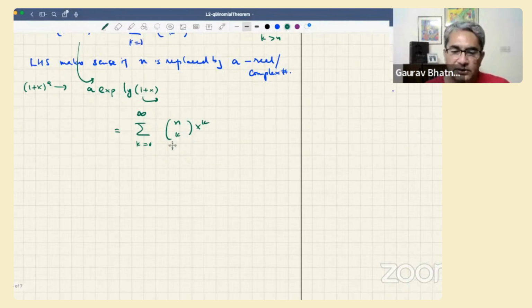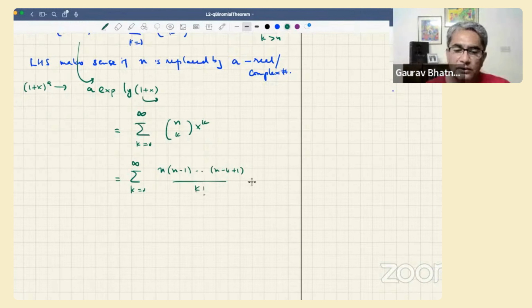You still want an n here, so we can write it as n times n minus 1 up to n minus k plus 1 over k factorial. And now you can replace n by a. So this gets transformed into the sum over k going from 0 to infinity of a times a minus 1 up to a minus k plus 1 over k factorial.